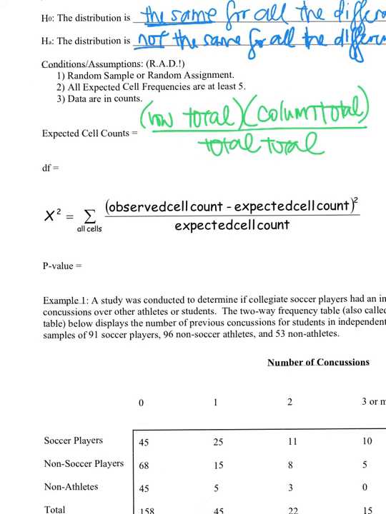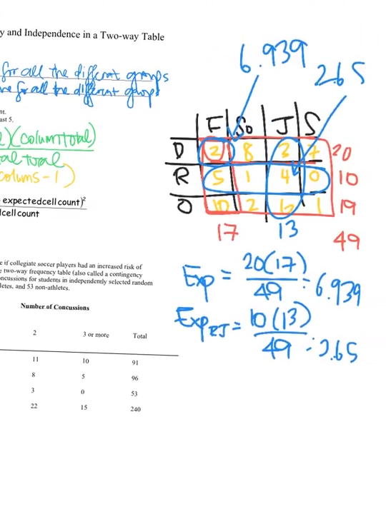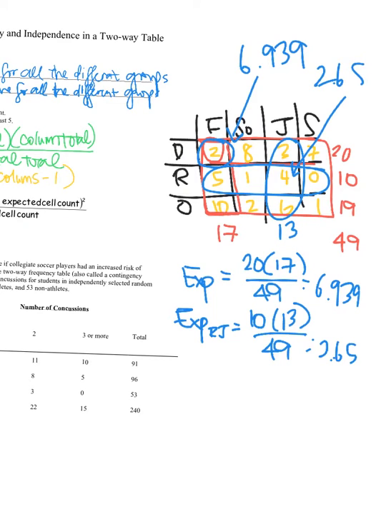Degrees of freedom is going to be your number of rows minus 1, times the number of columns minus 1. In our example here, we had 3 rows and 4 columns.